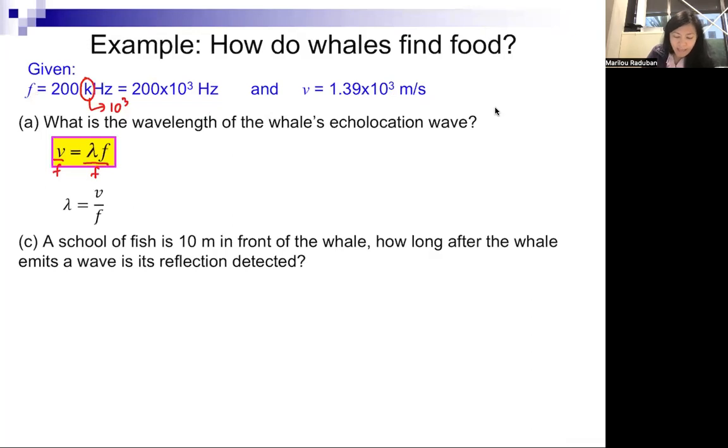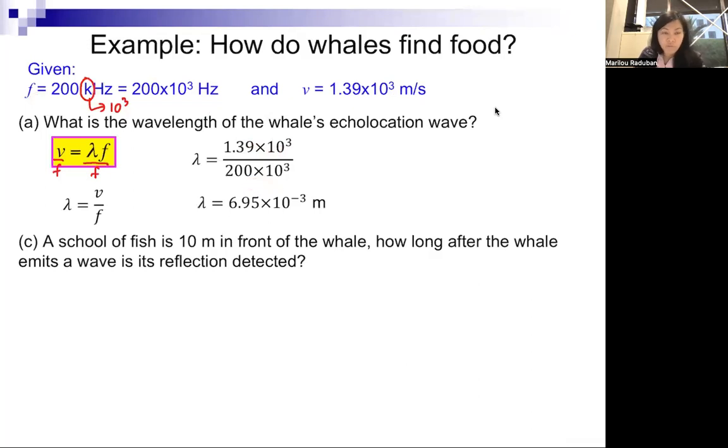And you essentially have wavelength is equal to speed divided by the frequency. Speed is given, 1.39 times 10 to the 3, and the frequency is also given, 200 times 10 to the 3. And you have the wavelength, 6.95 times 10 to the minus 3 meters.